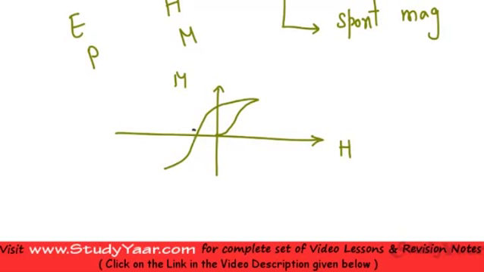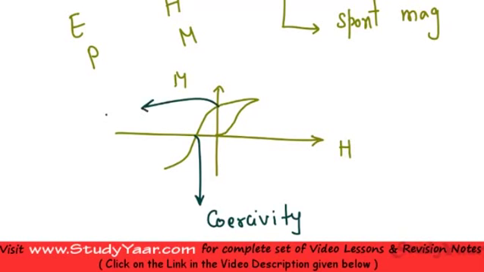This negative magnetic field is called your coercive magnetic field. Similar to this concept of a coercive magnetic field, we define a term known as coercivity. So your coercivity determines the amount of magnetic field that needs to be applied for your magnetization to become zero. Just realize, even at zero magnetic field I do have a remnant magnetization.